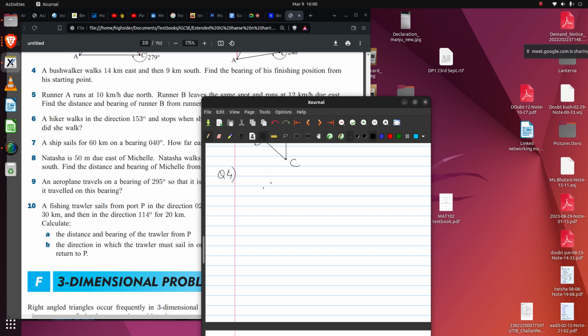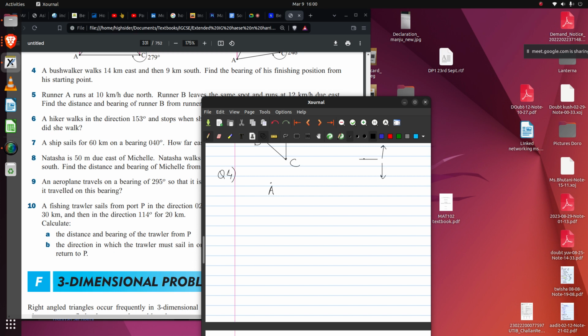So the initial point is A. Now you start walking from your initial point. I'm saying this is where he's starting, A. Now, is he going to the right or left? Where is he going? East. Remember all the directions.